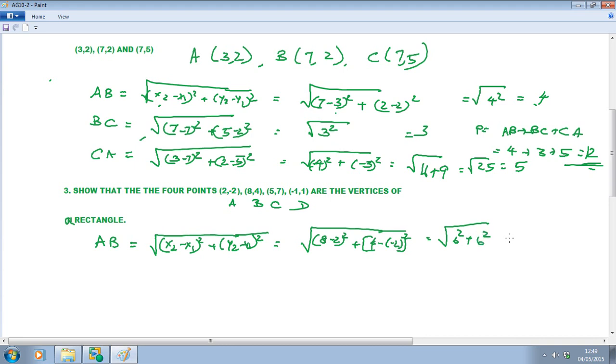So this is equal to the root of 6 square times (1 plus 1), which is 6 root 2.